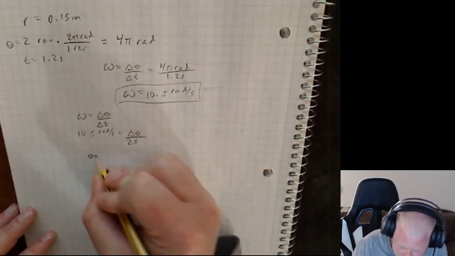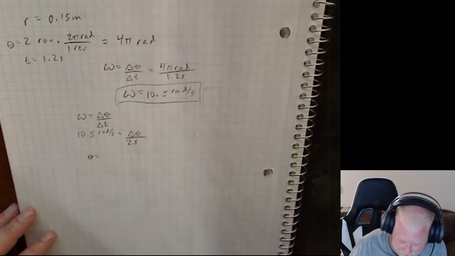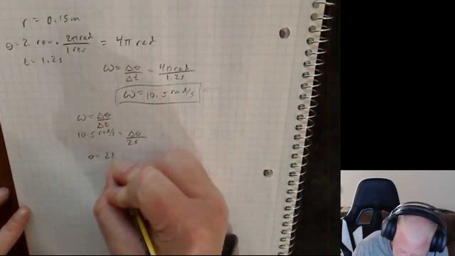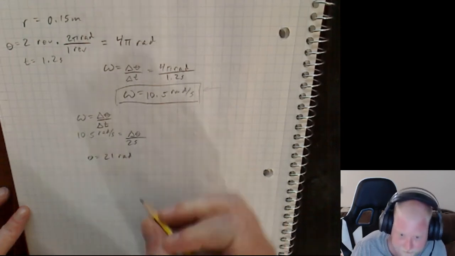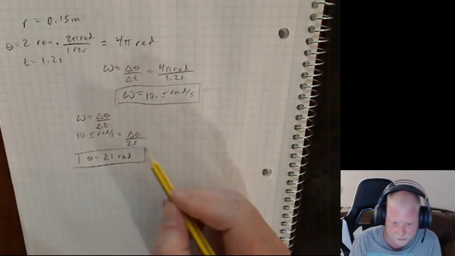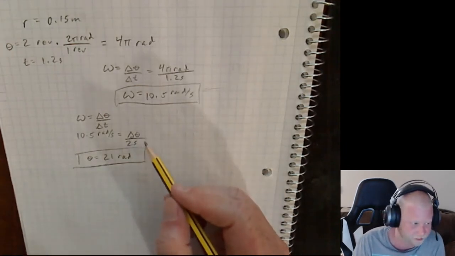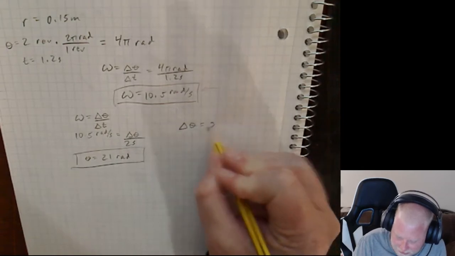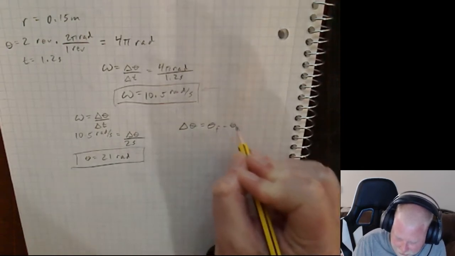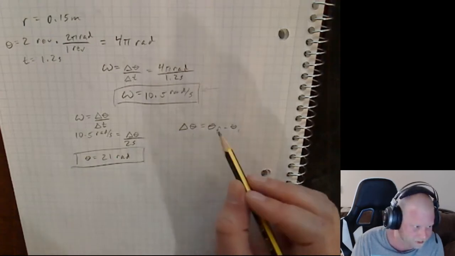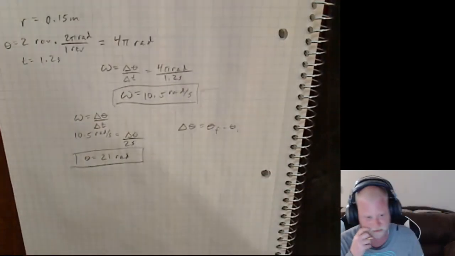So your angular position is 21 radians. And that's because we can assume that your initial angular position is 0. So remember, when you're looking at delta, that means change, so final minus initial. If initial is 0, your change in angular position is going to be your final angular position.